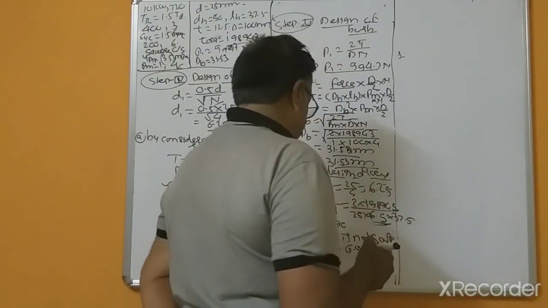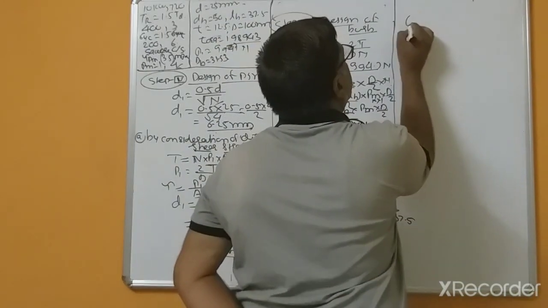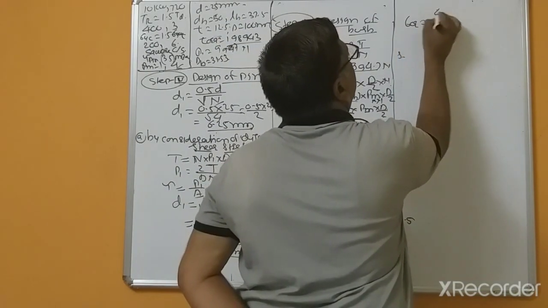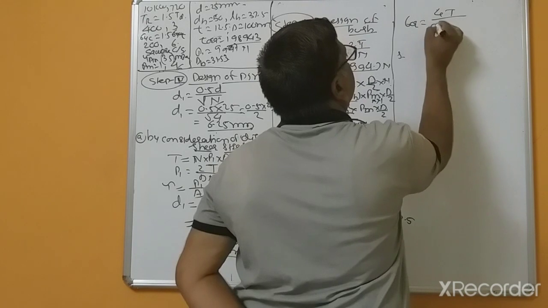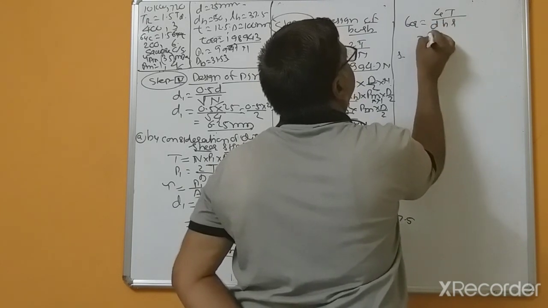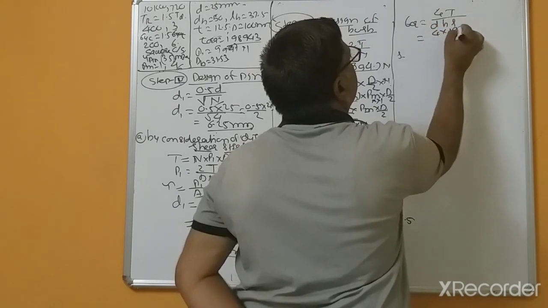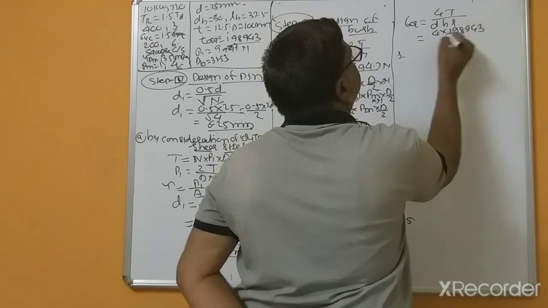Right? Crushing stress equal to 4T divided by dHL. 4 into 198943.